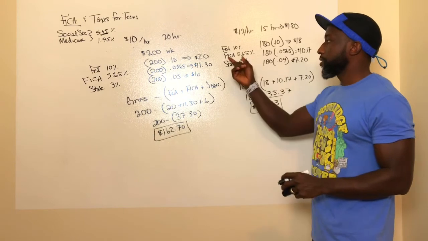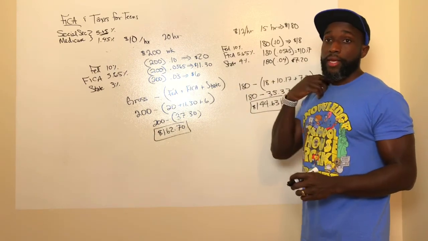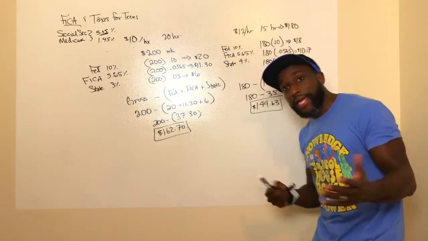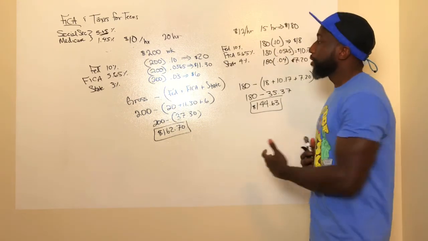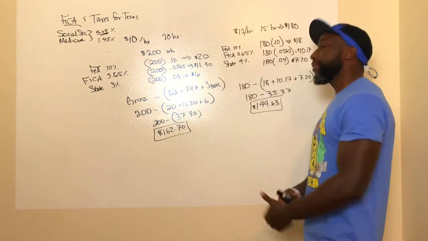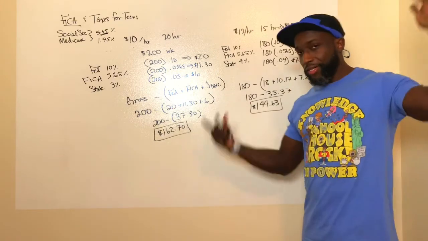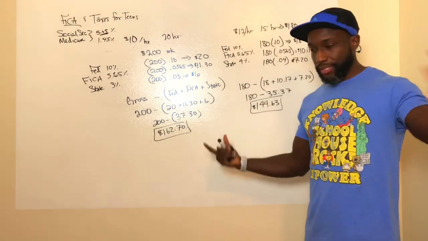Now you can understand what FICA means, what federal and the state taxes means, right? And then what happens is with income taxes, you'll find out whether you paid too much in income taxes and they'll give you money back, or you didn't pay enough and they're gonna ask for more. But that's the beauty of being an adult, or adulting, and having jobs and stuff like that.